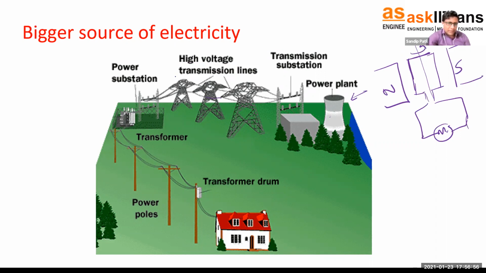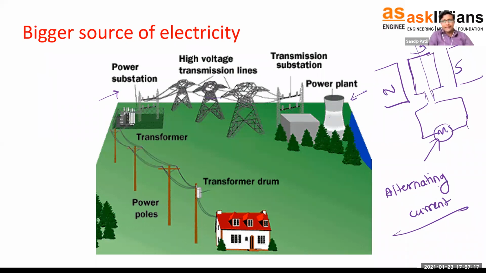Okay. From this high voltage transmission line, the light comes to the power substation. Now remember one thing here also: whatever light is getting generated here is alternating current, right? There are actually two types of current. One is alternating current, and the other is direct current, right?